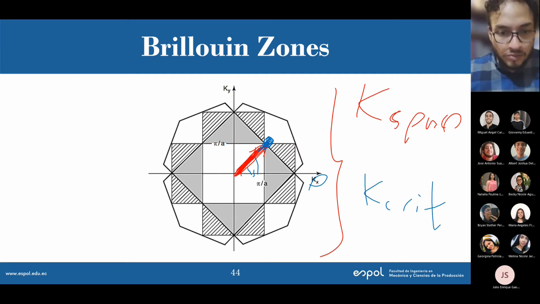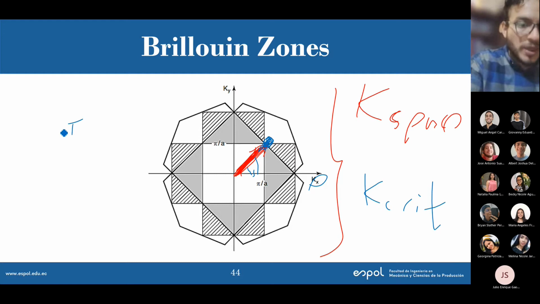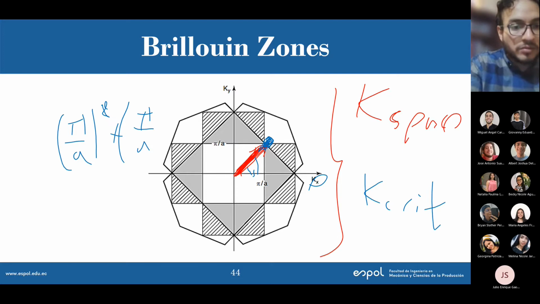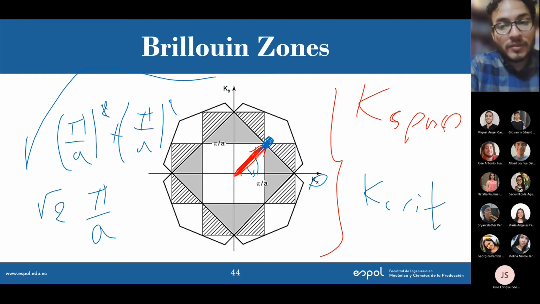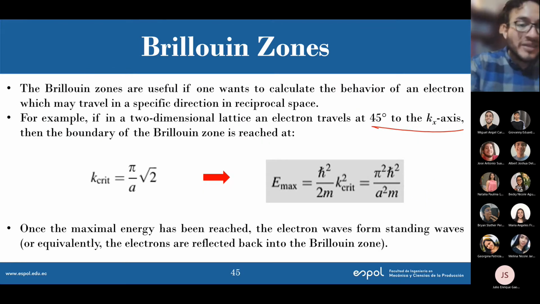You just do trigonometry, so it's the square root of pi over a squared plus pi over a squared. What's that? Square root of 2 times pi over a.